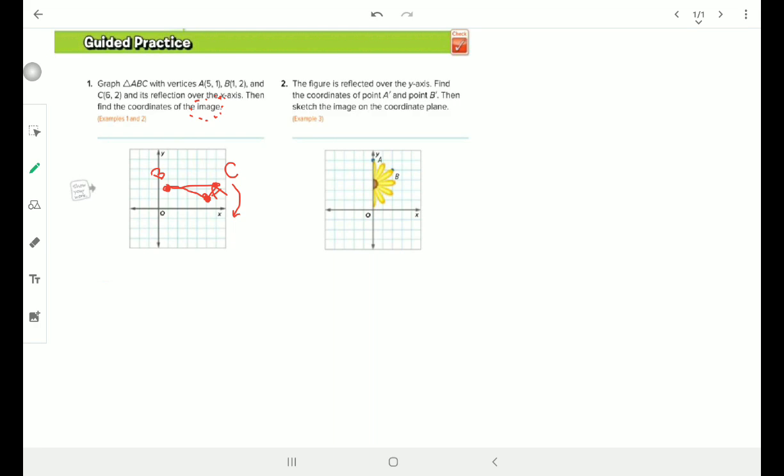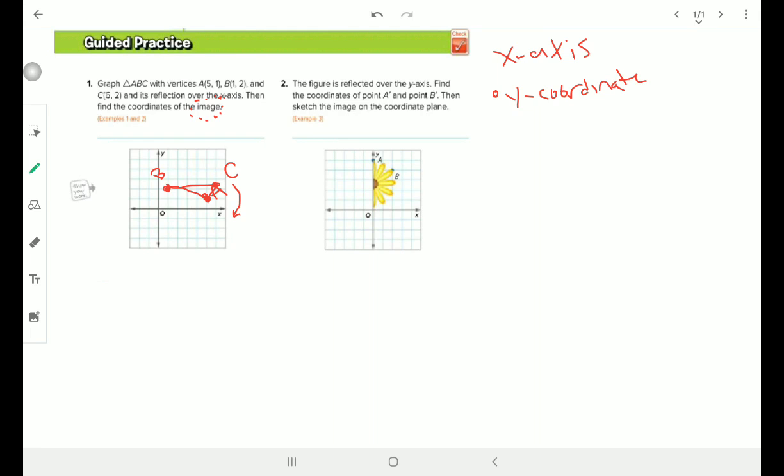Now, the nice, easy way we can do this and to think about it is if it's flipping over the x-axis, the only coordinate that is changing is the y-coordinate. And the only thing that happens is the y-coordinate becomes negative. Okay?